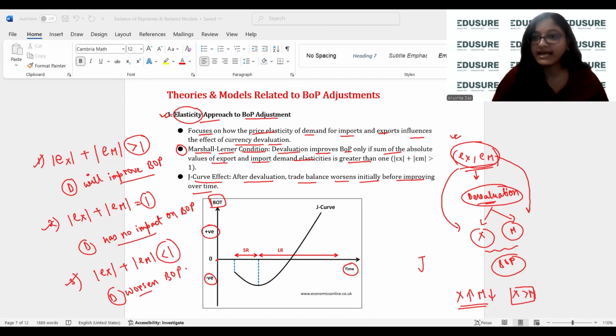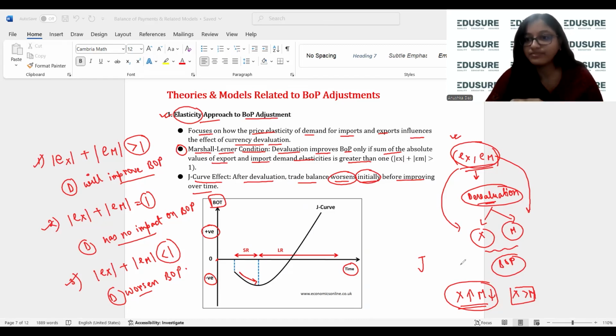In that particular time lag, your trade will initially go into deficit. See this curve: this is the short run and this is the long run. In the long run, we know that the trade balance will improve because this outcome will come into picture. But initially, after devaluation, the trade balance will worsen because it will take some time to have this adjustment.